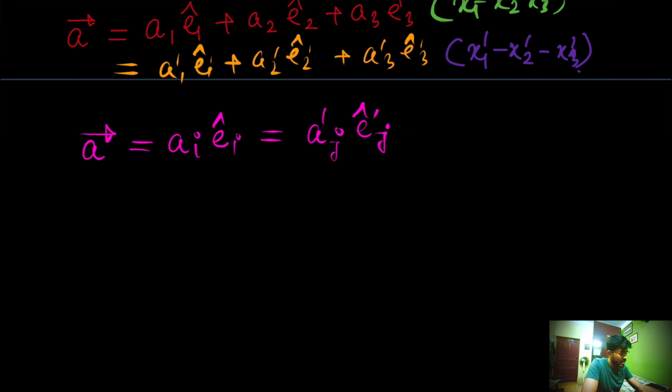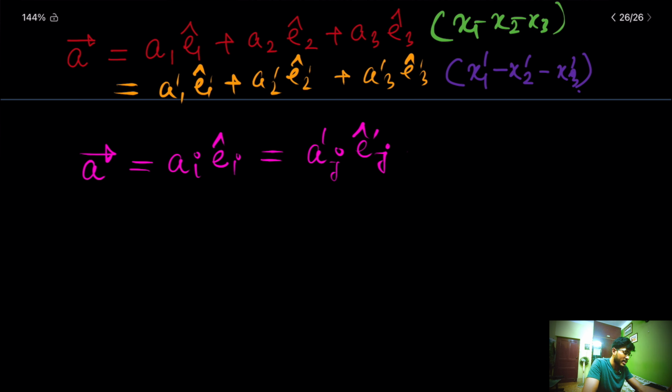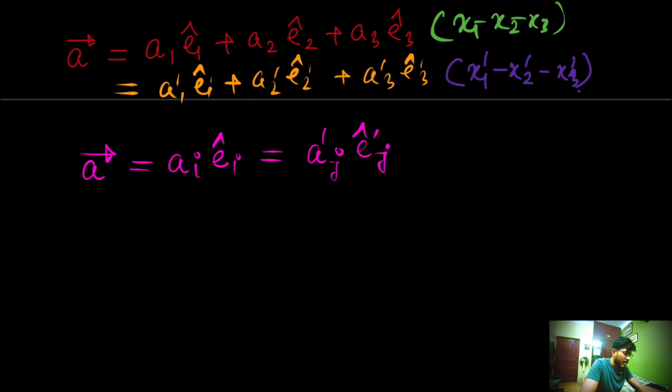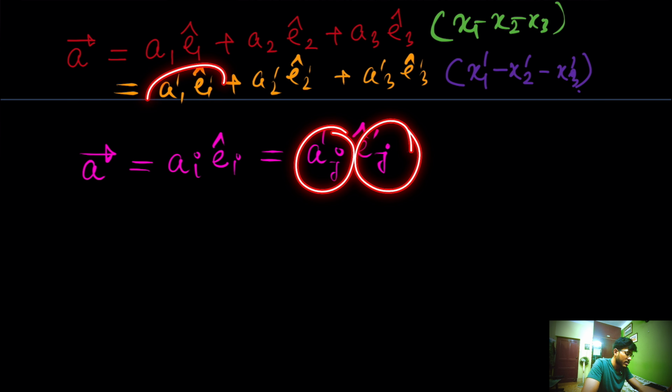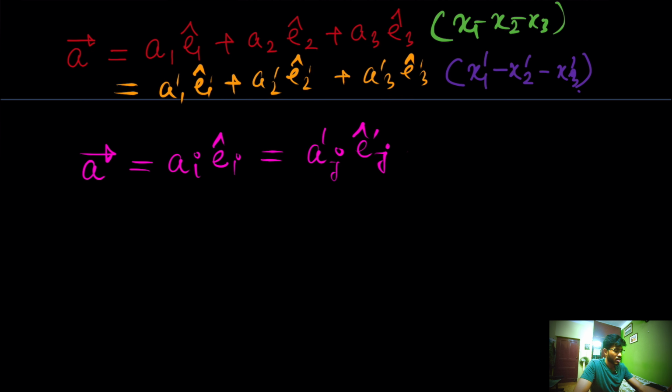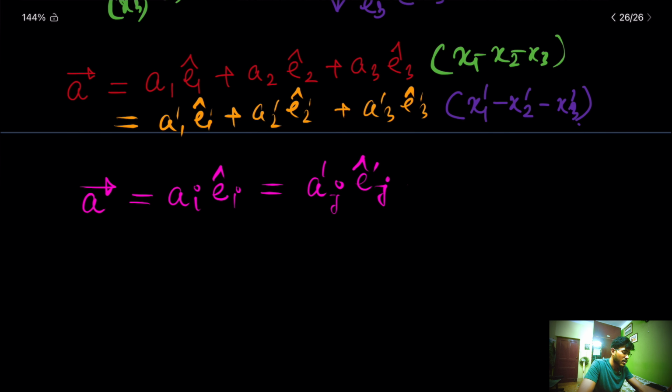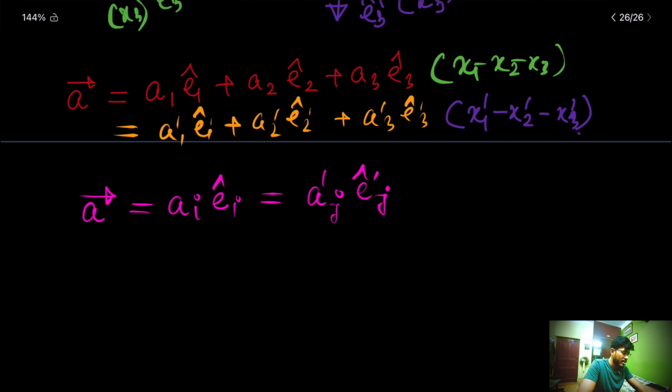Now I think you can appreciate this. This is summation over i from 1 to 3, so these three terms, and this is also summation over j from 1 to 3, these three terms. So in this purple coordinate axis the vector is indicated through aj dash, and in this green coordinate axis it is indicated by ai only.